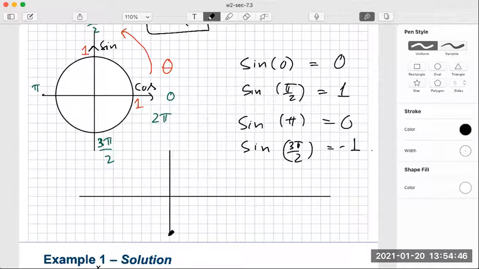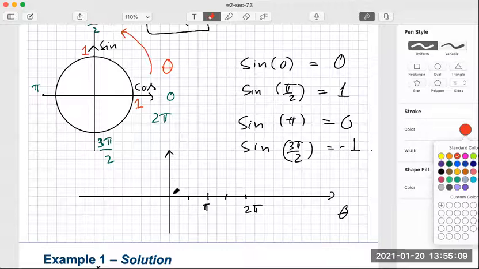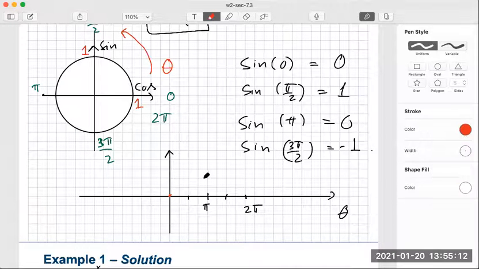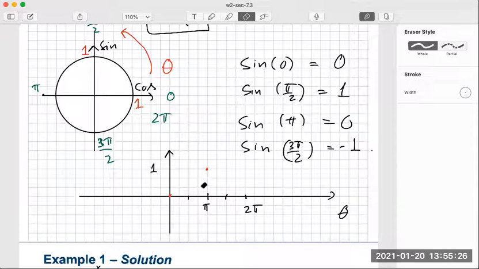The graph of the sine function will be like this. Suppose this is the theta angle here, and this is 2 pi, this is pi. Sine at 0 would be 0. Sine at pi over 2 would be 1.